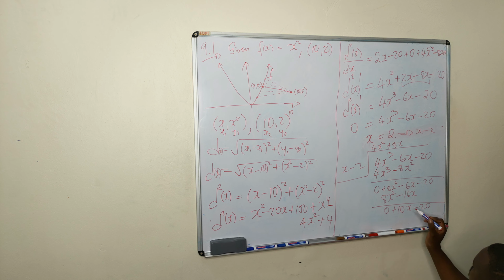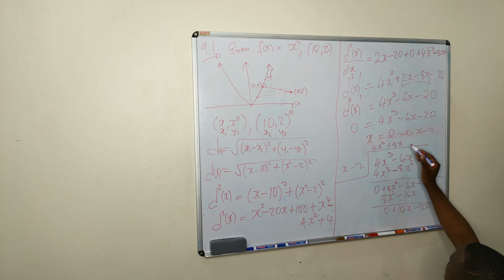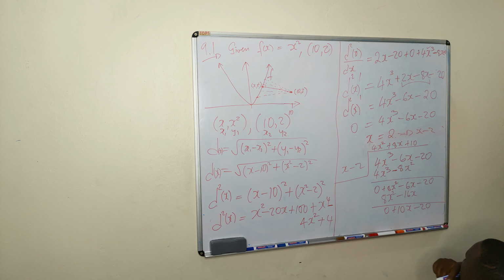Continue. You say 10x divided by x, that's plus 10 here, right? Then 10 times x, that's 10x, and 10 times 2, that's minus 20, and then we have 0 here.